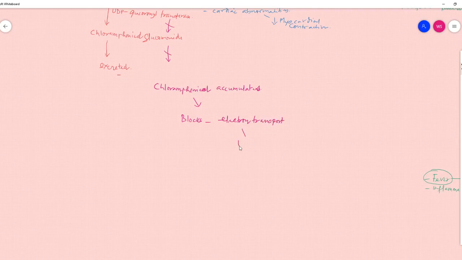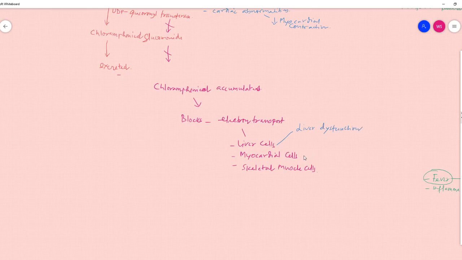Electron transport in the liver cells, the myocardial cells, and the skeletal muscle cells. Okay, so the liver cells, if the electron transport is blocked, what will happen? There will be liver dysfunction.